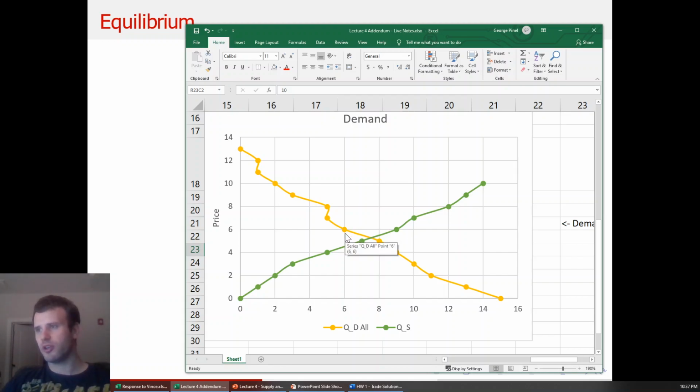Okay, so it's a game essentially. It's an auction, right? If you know that there are people who are willing to pay a lot for what you have, you're going to want to sell for as much as you can, right? Otherwise, you're just not pricing effectively. So why sell it to the person who's willing to pay $3 when you can sell it to the person who's willing to pay $6, right?